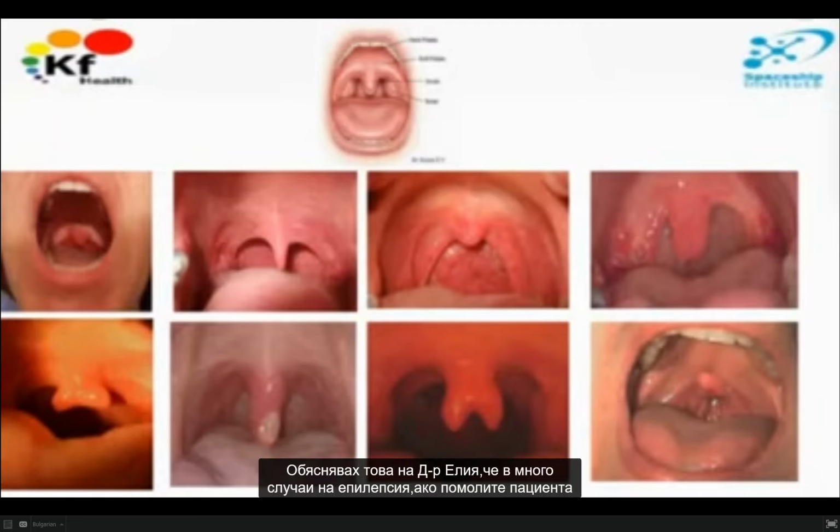I was explaining this to Dr. Elia, that in a lot of cases of epilepsy, if you ask the patient to open the mouth, they refuse, because they know that people like us who are expert in these things can tell by the shape and the size. It's just like sucking on it.